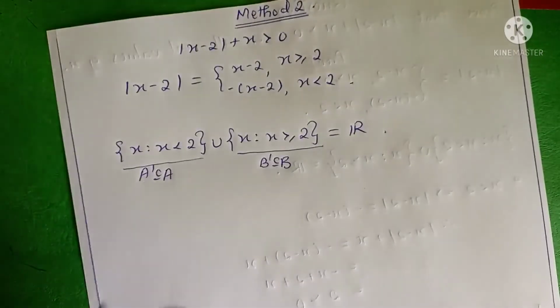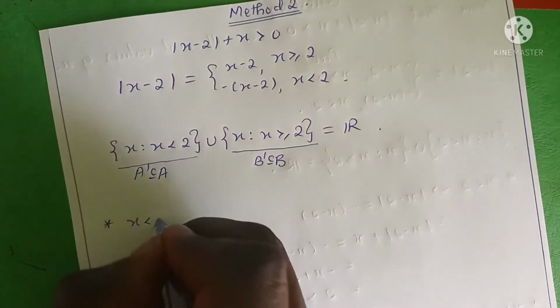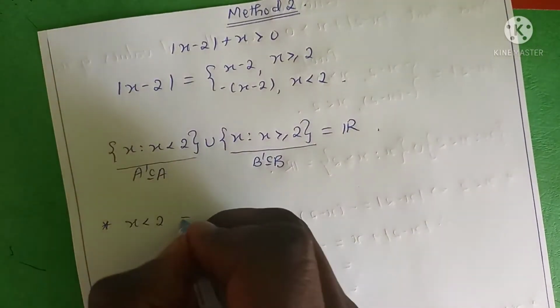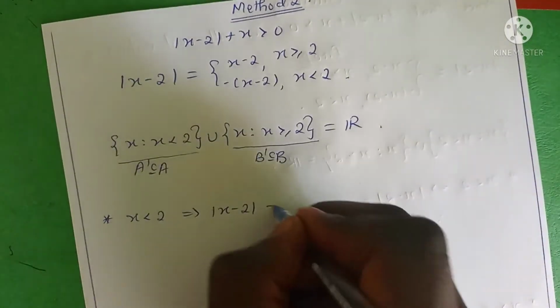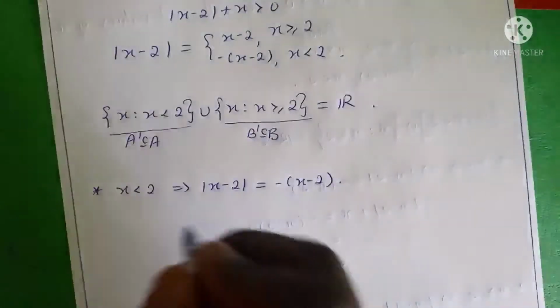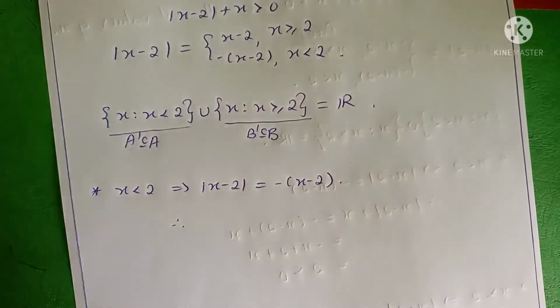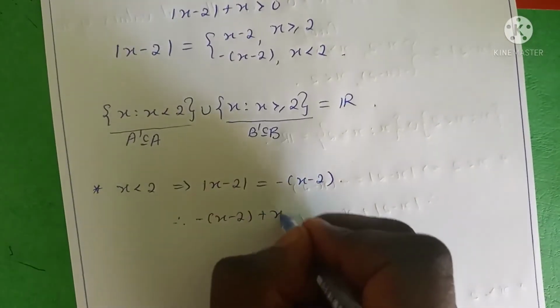So to find A prime, we start with the set A. If x is less than 2, then the absolute value of x minus 2 will just be equal to negative into x minus 2. And therefore, the above inequation reduces to negative into x minus 2 plus x, which is greater than 0.